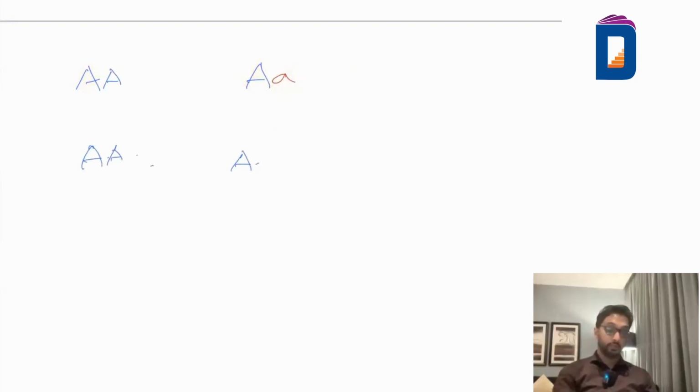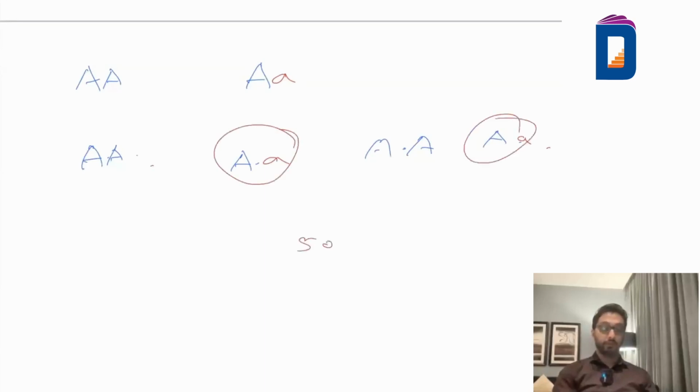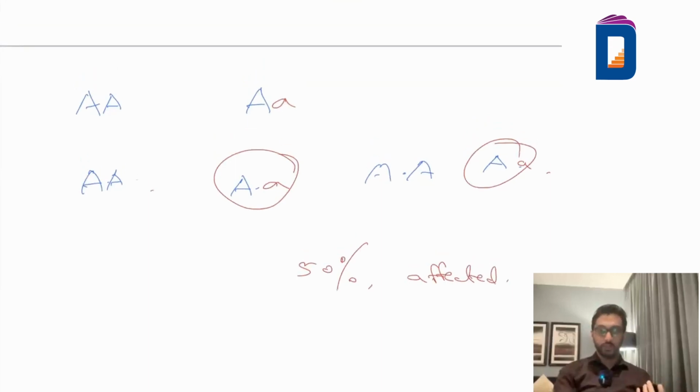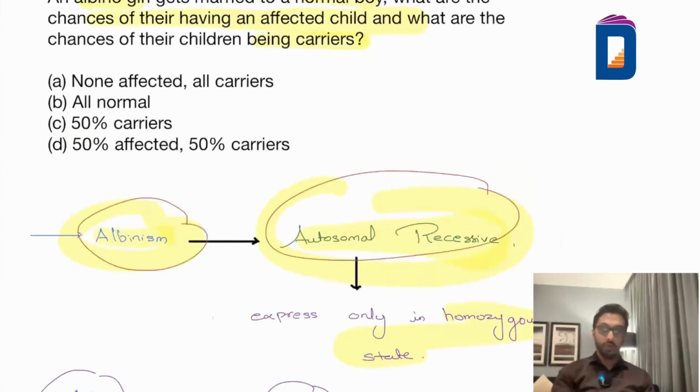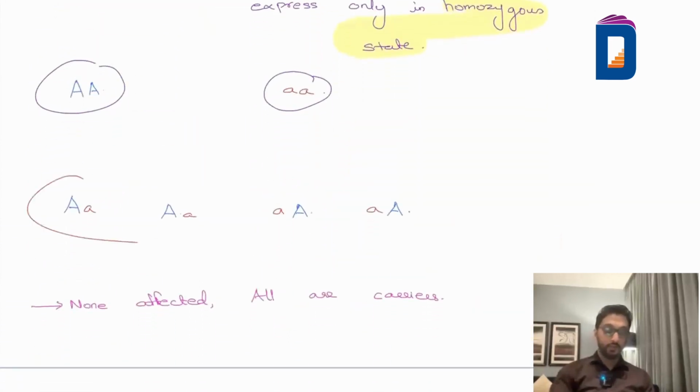Then you have the first A with the normal a again, then capital A with the small a, affected. So here this will be affected, this will be affected. That is 50% affected, 50% normal, if it were an autosomal dominant disorder. But in this case we have autosomal recessive albinism.